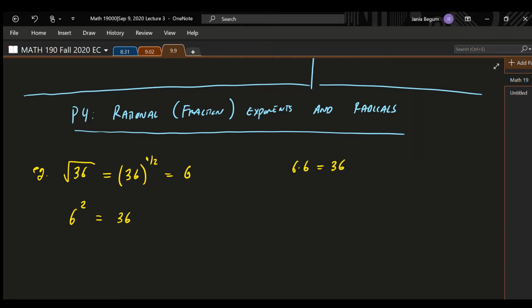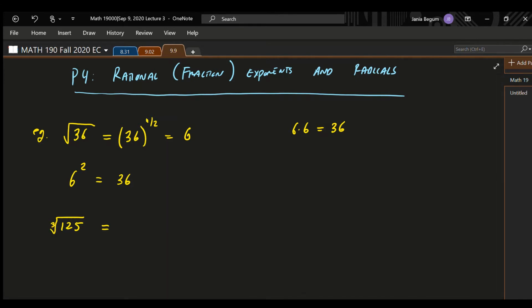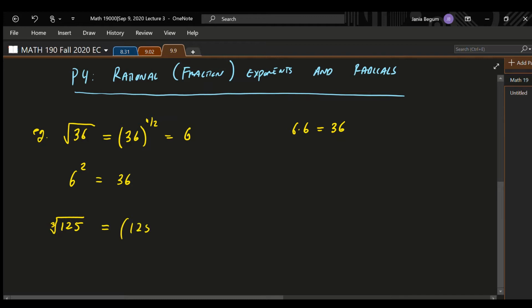Think of another one. What if you want to evaluate, say, cube root of 125? Now, once you're beyond a square root, you have to start writing the index right here. So because it's a cube root, I wrote the 3 there. And if you want to write this as an exponential form, you can say this is 125 to the power 1/3.